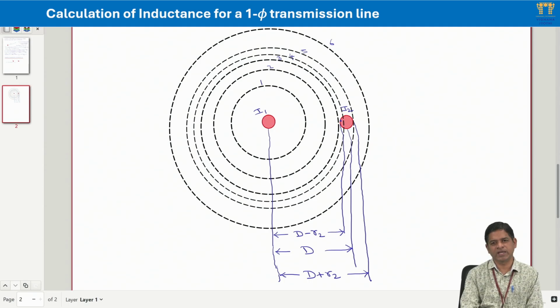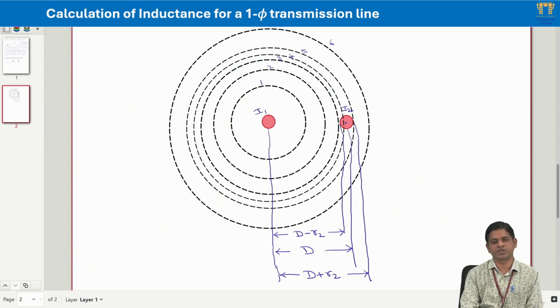From this you can say that the flux from the center of conductor 1 till the inner surface of conductor 2 links the entire current which flows in conductor 1, and the flux beyond the external surface of conductor 2 links a net 0 current, and the remaining flux lines between the inner surface and the outer surface of conductor 2 link a current whose magnitude goes on decreasing, and when it comes to the outer end, the net current linked would be 0.